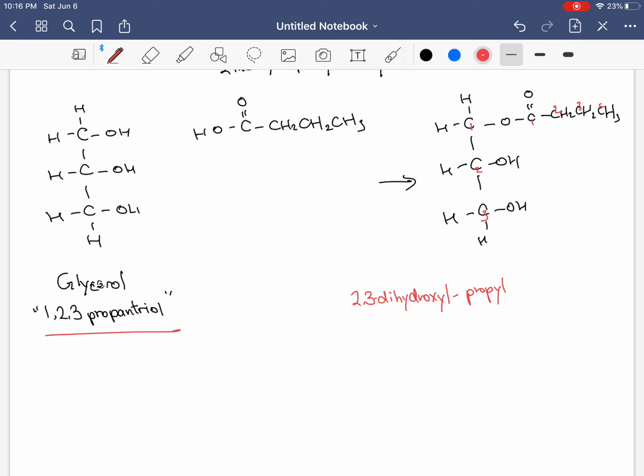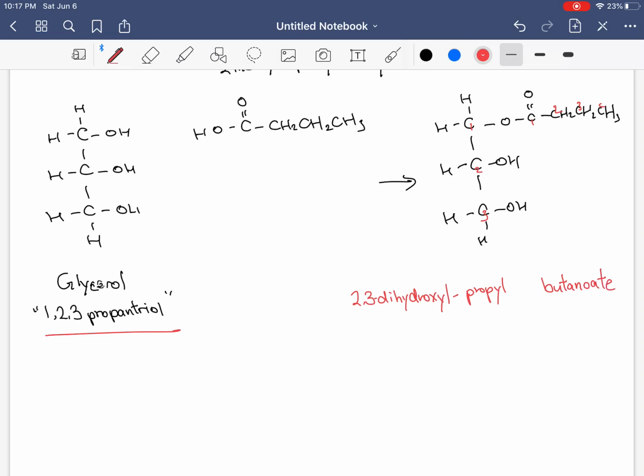You have to turn those alcohols into hydroxyl. So what you're looking at here is 2,3-dihydroxypropyl. Then you have your space, and you would name the acid portion right here with an -oate ending, and that will be butanoate.